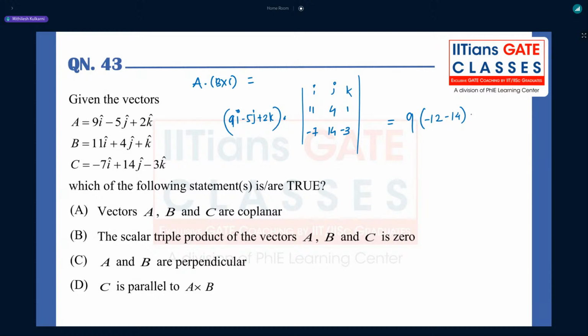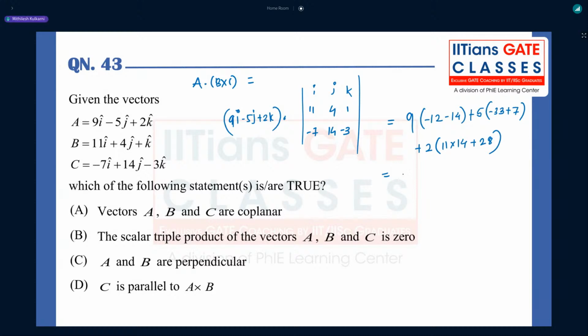Then -5 into, and here again minus, you'll get a minus j, so this will become plus, and it will be -33 plus 7. The third term is 2 into 11 multiplied by 14 plus 28. If you solve the first, -12 minus 14 is -26 multiplied by 9.